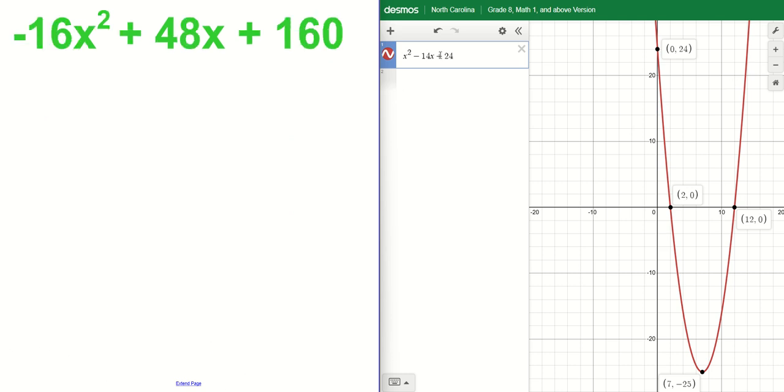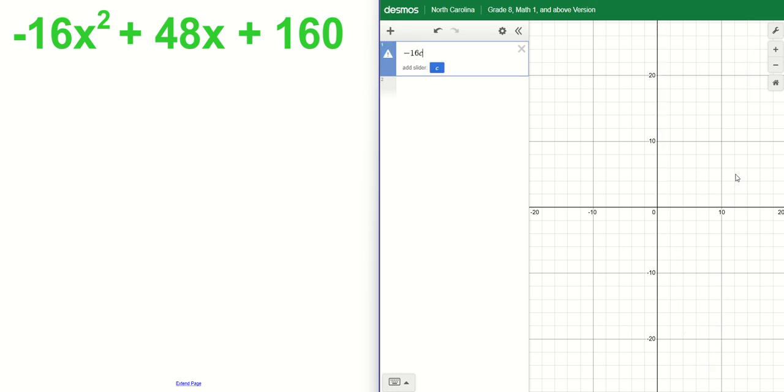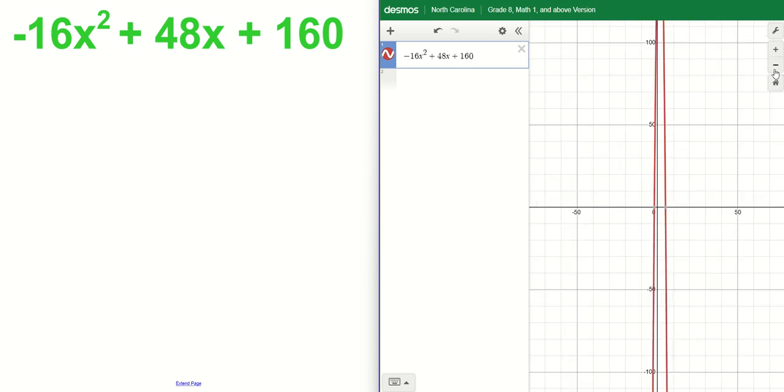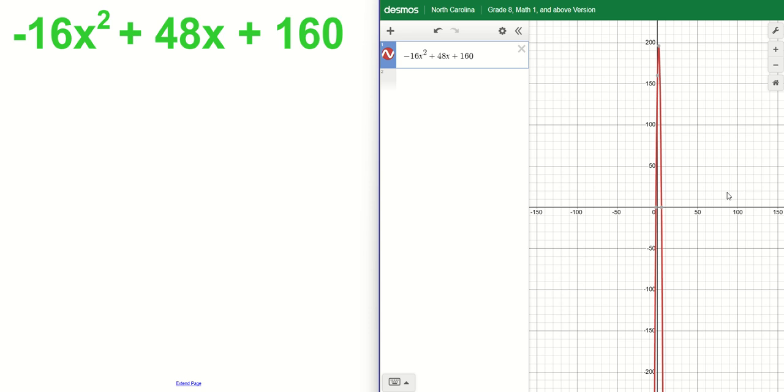All right, so go ahead, enter in that one. We got negative 16x squared plus 48x plus 160. The bigger the numbers, and we got a 160 in here, the more you have to potentially zoom out if you want to see the whole thing.